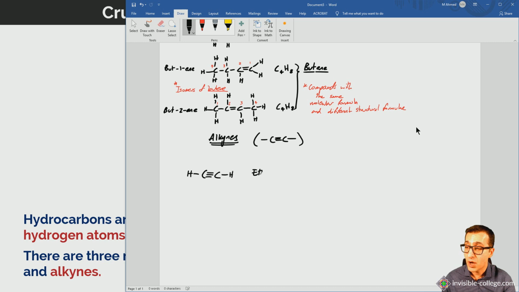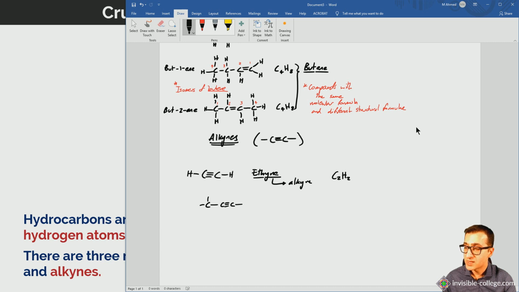This is ethyne. So here we have "-yne" as the suffix. This means that we're dealing with an alkyne. And we have "eth", which tells us that there are two carbons present. So in this case, the molecular formula is C2H2.